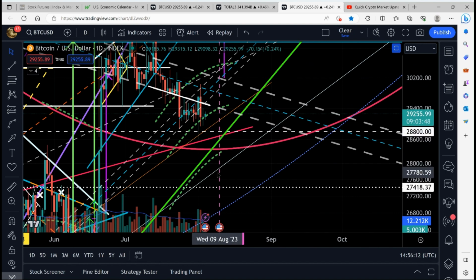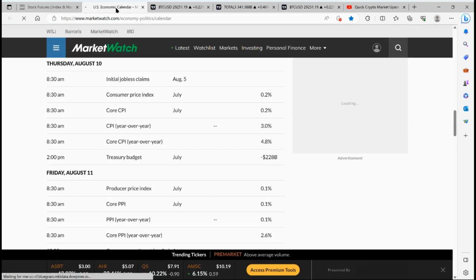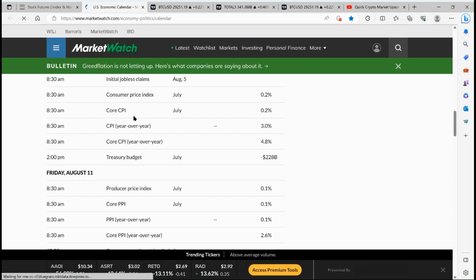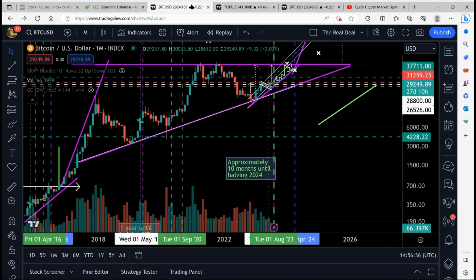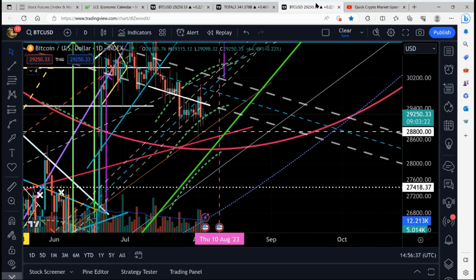This fuchsia colored line, vertical dashed line, is our CPI release next August 10th. Here, August 10th, CPI data coming out, and Friday, August 11th, producer price index coming out. So those investors are looking.